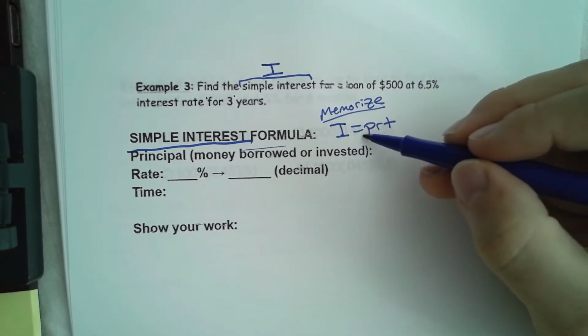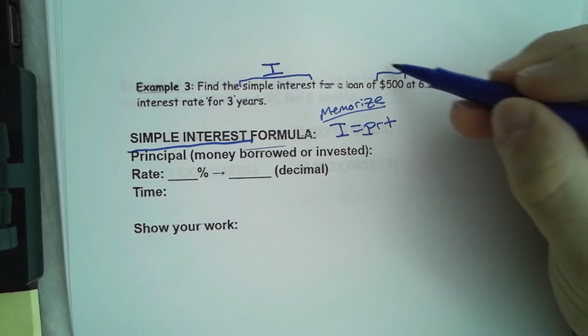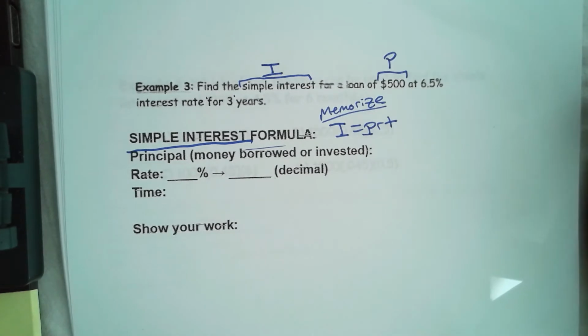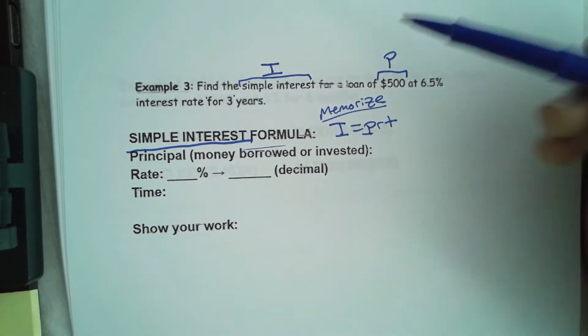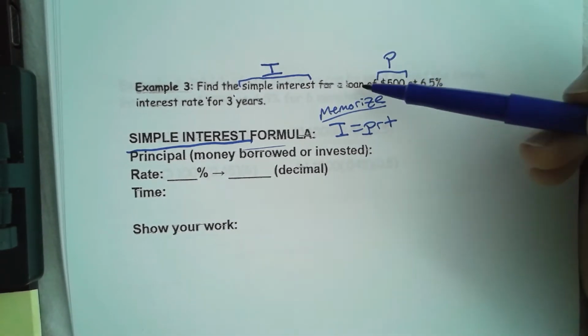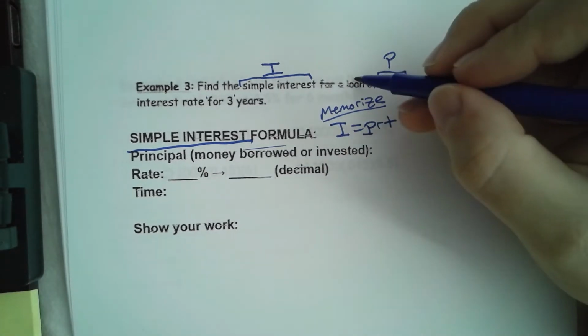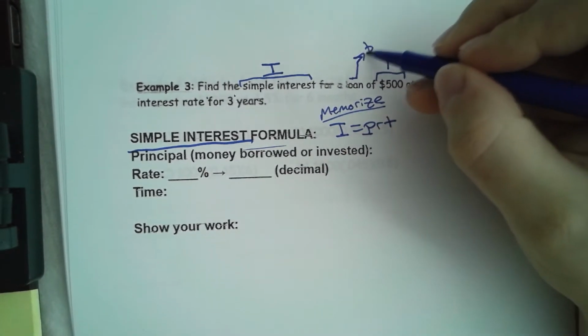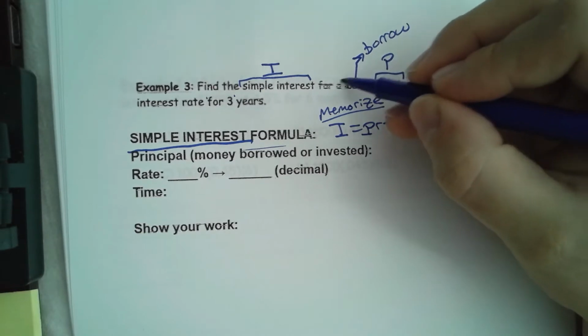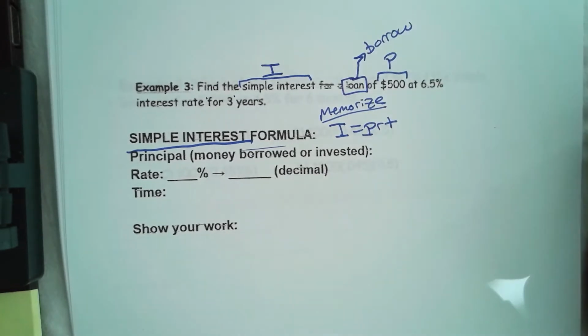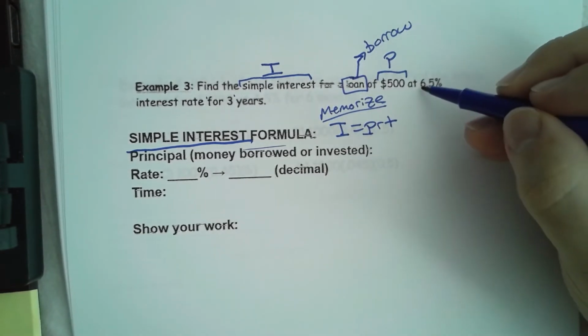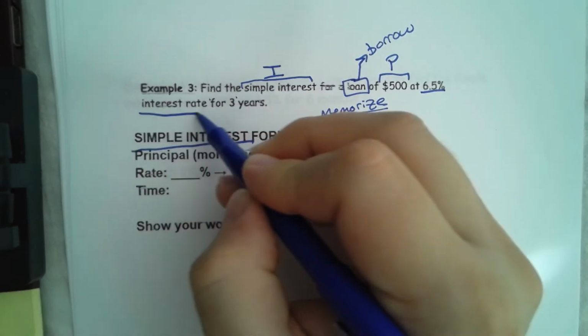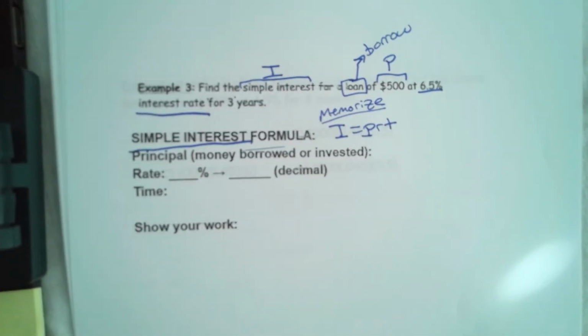Remember, P is the money you borrow or the money you invest. So I need to borrow $500, okay? A loan means I borrow money. 6.5% interest, okay?